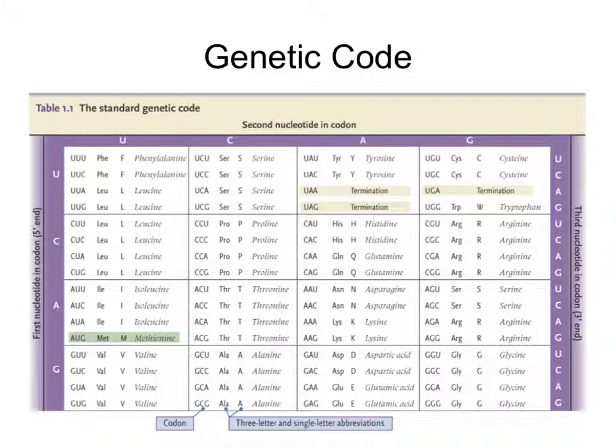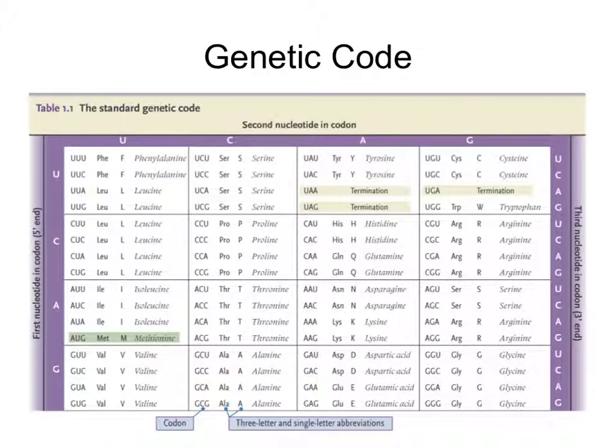Now, in the genetic code as shown here, there are 64 codons, and the 64 codons encode for 20 amino acids, shown here. You have methionine, which is usually the start codon, and it's encoded by one codon. And then you have 3 stop codons, UAA, UAG, and UGA.